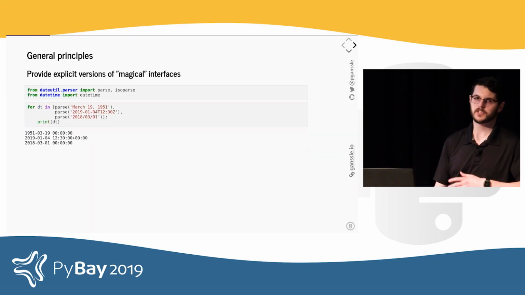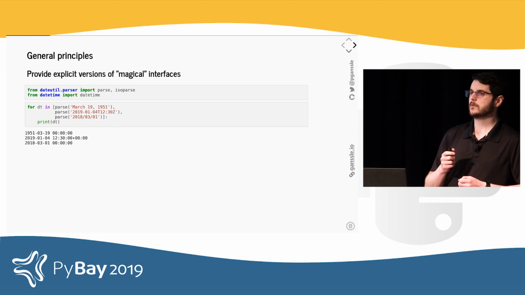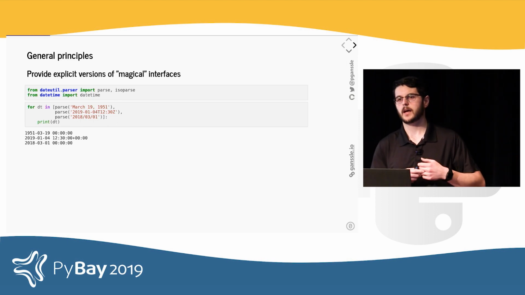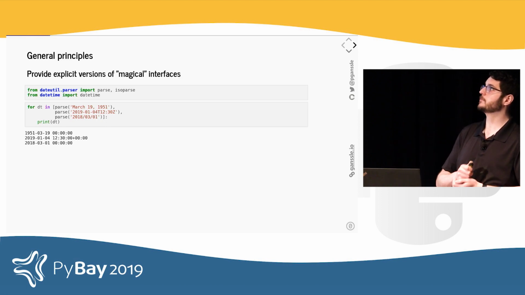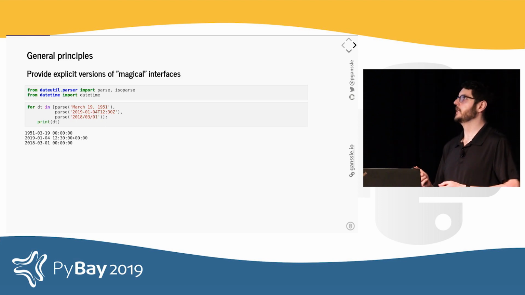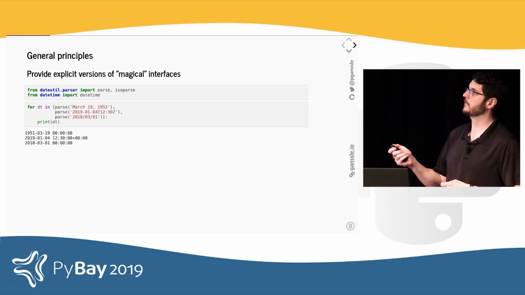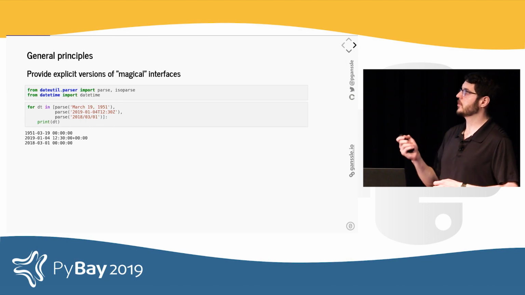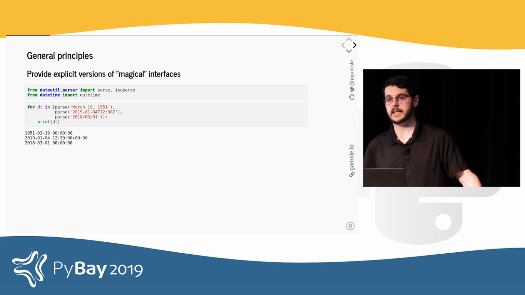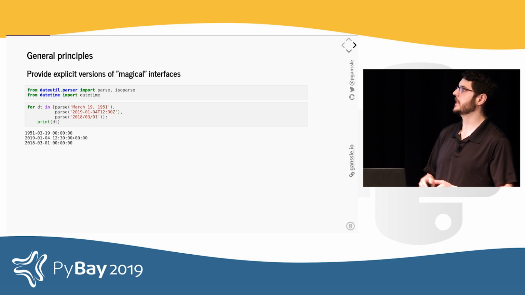OK, so the last one, which is a little more detached from this, is that I think you should still be providing magical interfaces, things that kind of just work for people, but you should definitely be trying to provide explicit versions of them. As an example of this, I'm going to take another thing from dateutil. Dateutil has this function called parse in the parser, and it's sort of famous for this: you give it anything that looks anything like a date or a datetime, and it'll create a datetime object from it, which is super great if you have some random motley collection of things that are datetime strings.